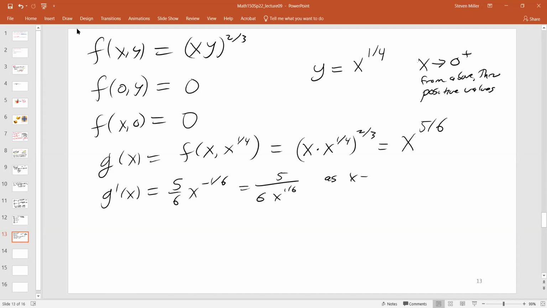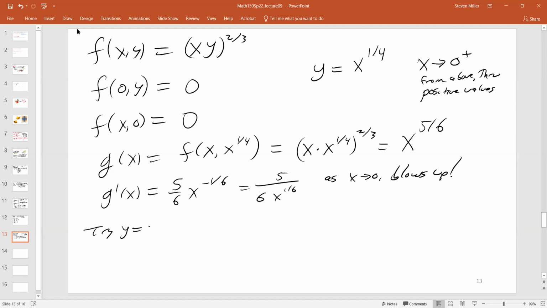As x goes to 0, this blows up. So if we approach the origin along this path, and we start computing what goes on, it's going to blow up.